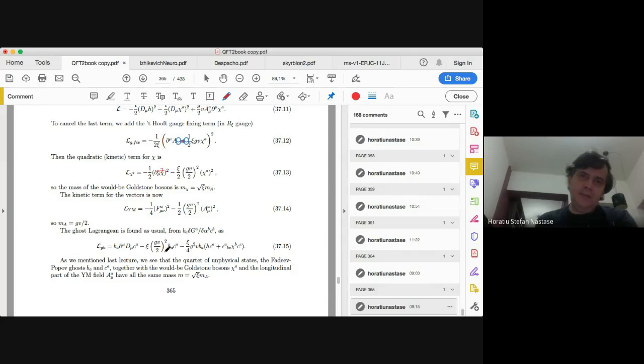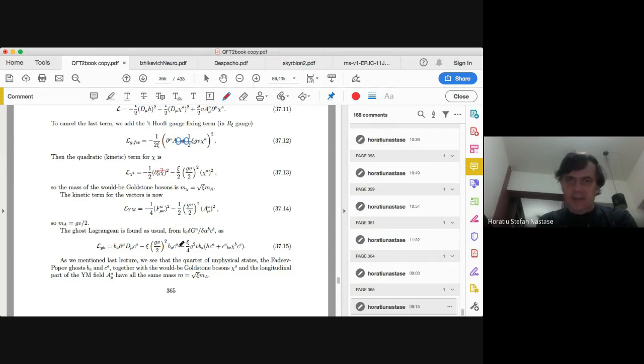So the piece corresponding to v gives now a mass term for b and c, psi (gv over 2) squared b-bar^a c^a, which means, as usual, that the b and c ghosts have the same mass as the would-be Goldstone boson and the longitudinal part of the Yang-Mills field, making a quartet of unphysical states, all of them with mass square root psi times gv over 2, which is the mass of the physical or transverse gauge field, gluon.